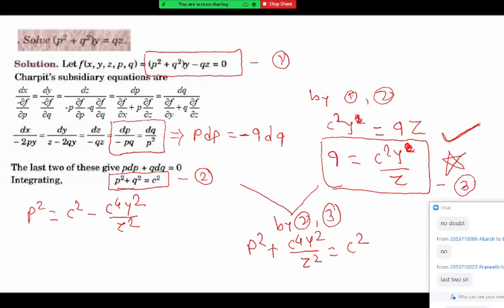So I will cross multiply and I will write only the p there. P is equal to c square z square, and c square is taken common, and the square root becomes c only, z.